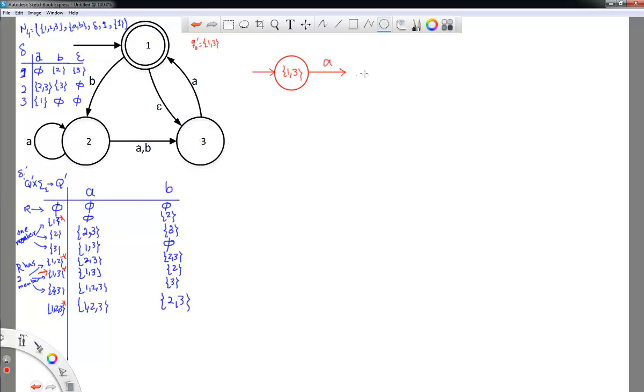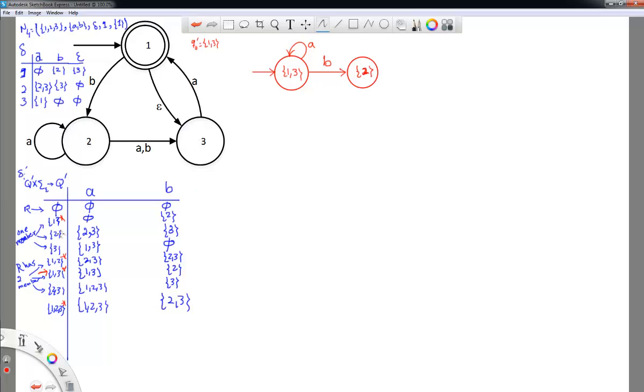Along the A transition, I'm going to stay in itself. And along the B transition, I'm going to transition into the state set {2}.